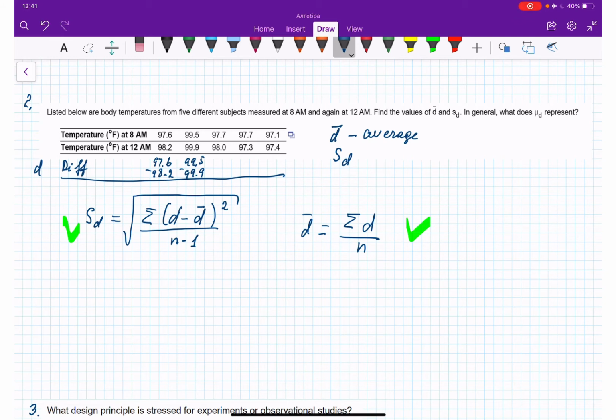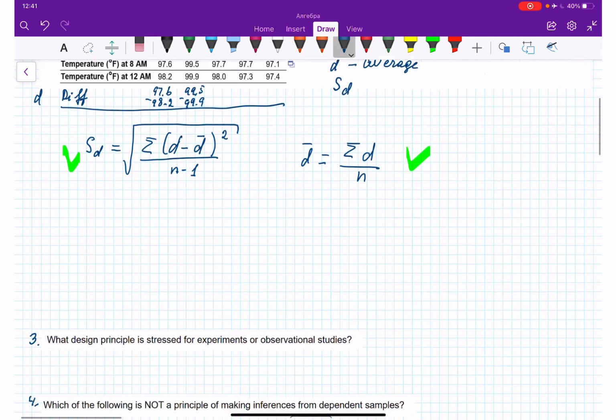The formula is approximately similar to standard deviation for one sample, normal distribution, but you get involved with this D, which is the difference between two of them. And the D bar you already know by that time. Okay, so this is this much about this question. So let's move to the next question.